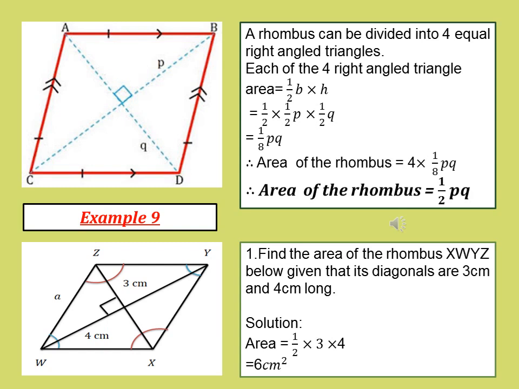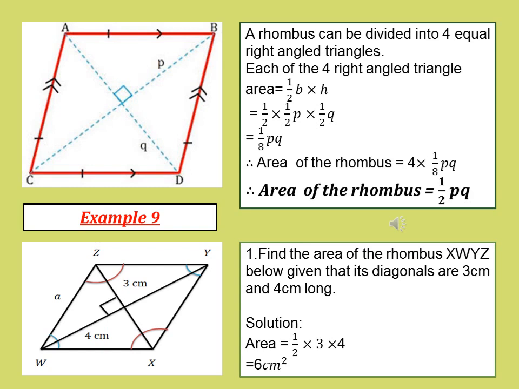A half PQ. Remember, P is the length of one diagonal and Q is the length of the other diagonal. For example, in example number 9, you're going to find the area of the rhombus XWYZ below, given its diagonals are 3 centimeters and 4 centimeters long. So meaning one of the diagonals is 3 centimeters and the other diagonal is 4 centimeters.